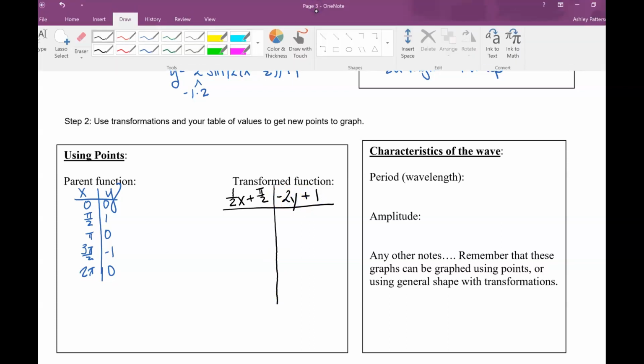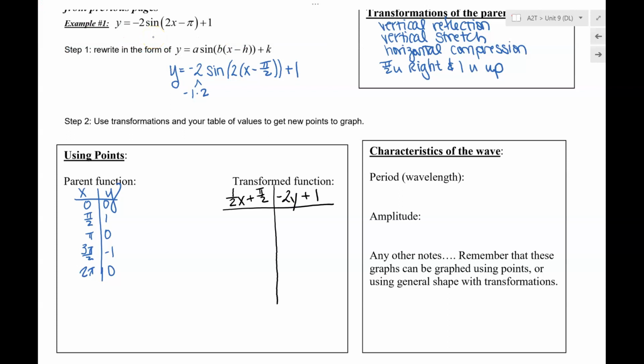So if we substitute in our x values first, I plug in 0, I get pi over 2. I plug in pi over 2, that's going to give me pi over 4. Getting common denominators, here, I'll write it out for us. Pi over 4 plus 2 pi over 4 is going to give us 3 pi over 4.